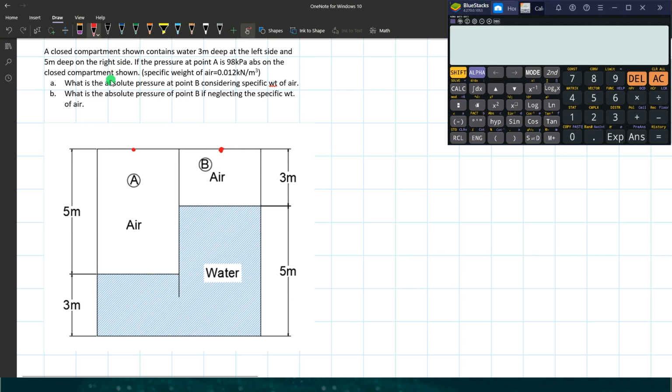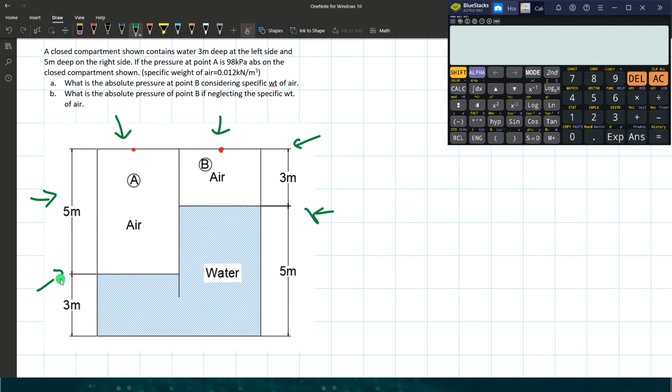For letter D, if we neglect the specific weight of air, what will be the absolute pressure at point B? Since this is a closed compartment, the pressures inside this compartment are not affected by the atmospheric pressure.